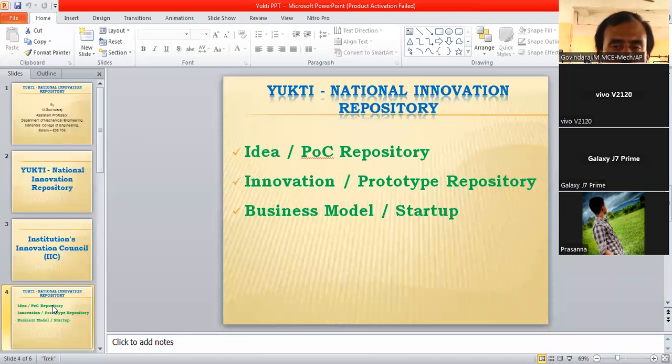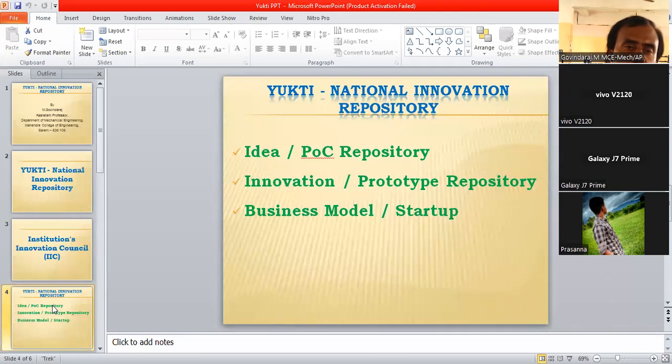That startup company idea is the third platform to enter in the National Innovation Repository.